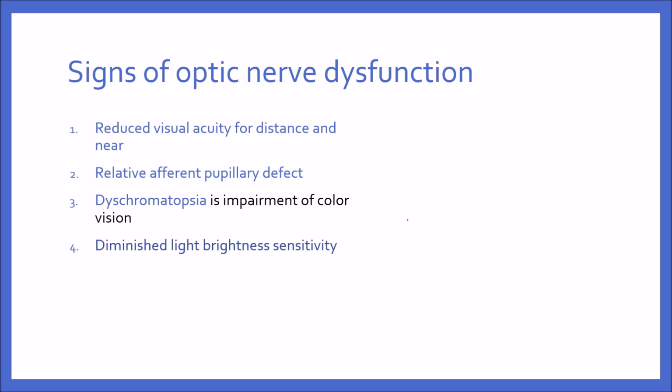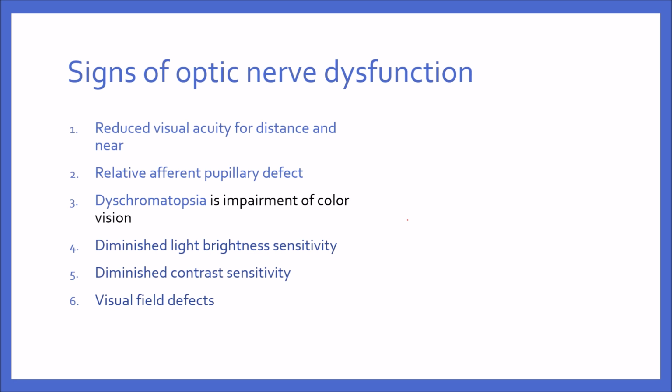Then is the diminished light brightness sensitivity. Afterwards, diminished contrast sensitivity, and then visual field defects. Now these are the 6 signs of the optic nerve dysfunction.